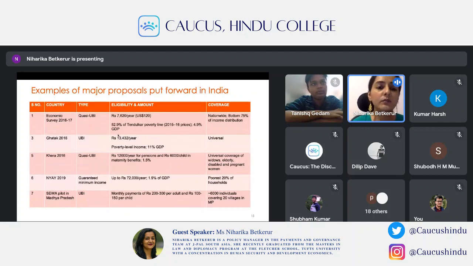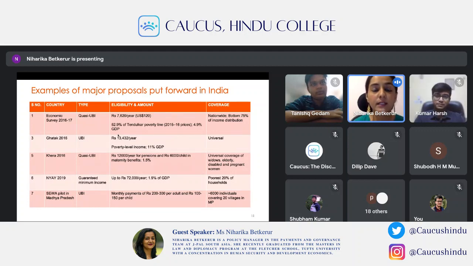The most prominent proposal that has been put forth was in the Economic Survey in 2016-17. While this was not a full-fledged UBI, it was a quasi-UBI which would be targeted towards the bottom 75% of the income distribution by giving out rupees 7,600 per year to each individual.